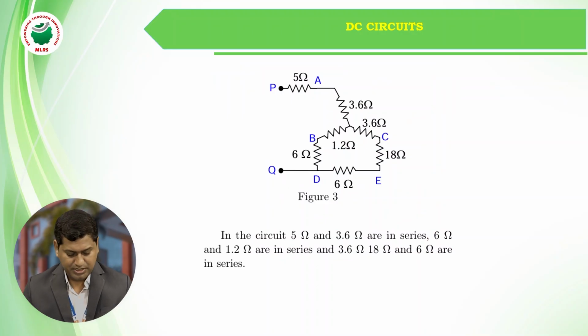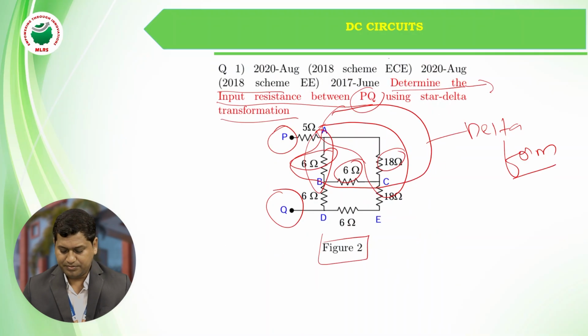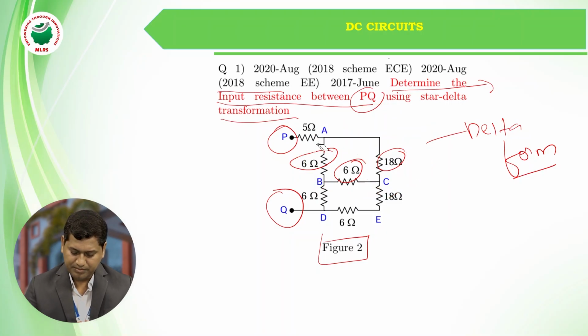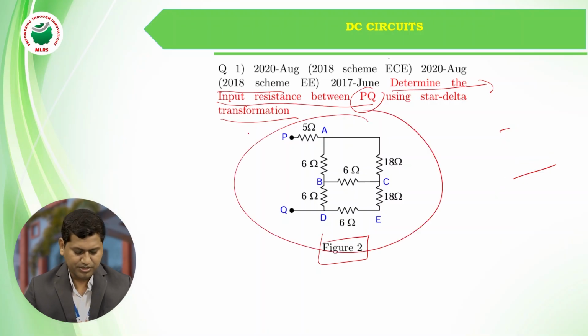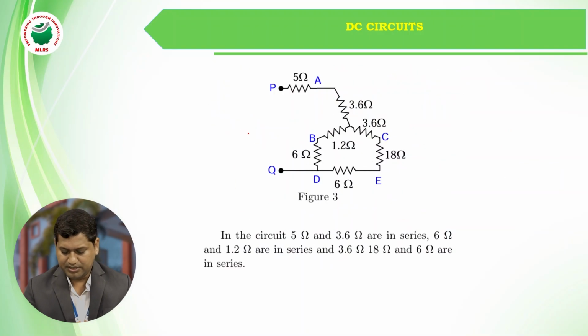So this entire diagram after transformation will change like this: 5, 3.6, 1.2, 3.6.